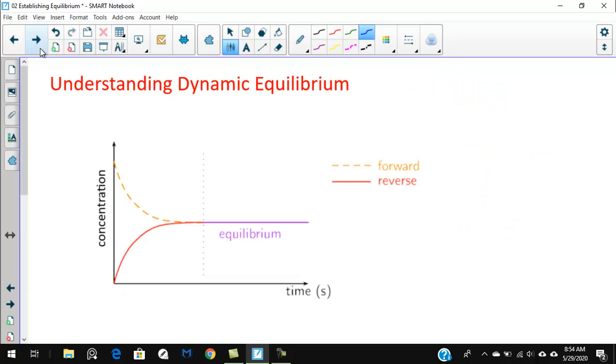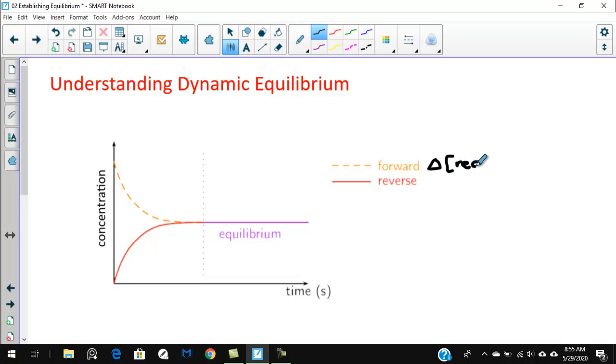Okay, so if we take a look at a graph of what this looks like, there are different ways of doing this, but I like to graph concentration on the y-axis and time on the x-axis. And then we have forward and reverse reactions going on here. For the forward reaction, I'm going to be measuring the change in concentration of the reactant.